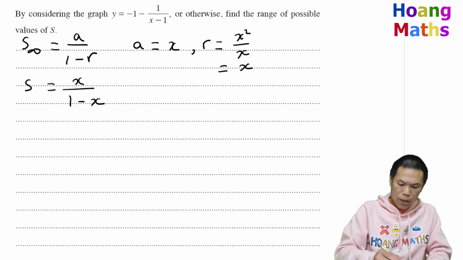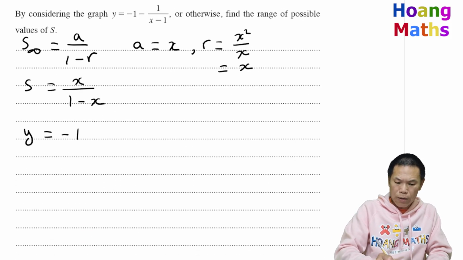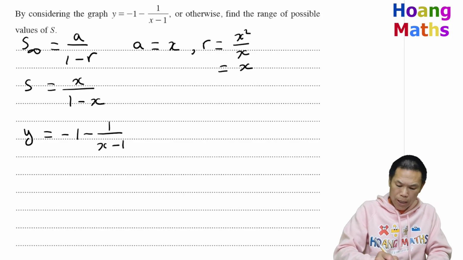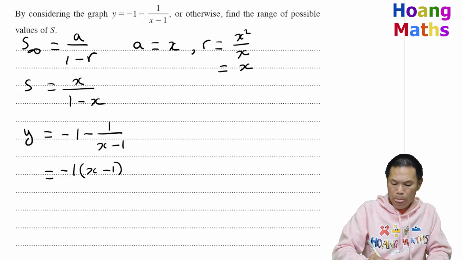So if we write y is negative 1 minus 1 over x minus 1, that can be equal to negative 1 brackets x minus 1, minus 1 over x minus 1.